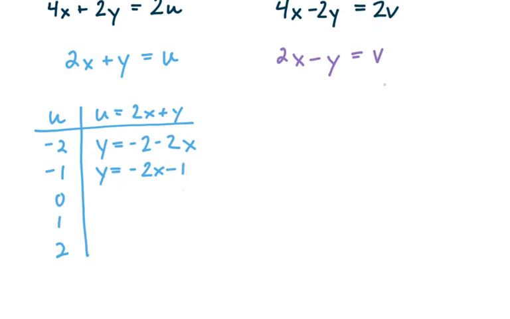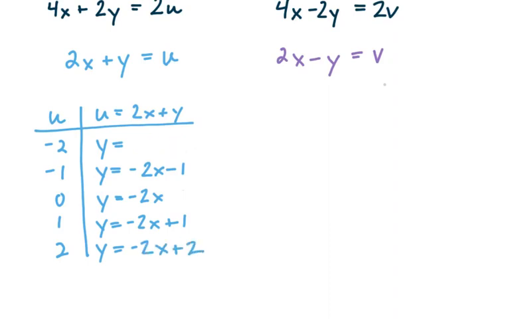And you'll start to see a pattern here. We'll get y equals -2x, y equals -2x plus 1, and y equals -2x plus 2. I kind of shortcutted that work because it's pretty repetitive, but you start to see a pattern. If I plug all of these values of u in and then isolate y, I get all of these linear equations.